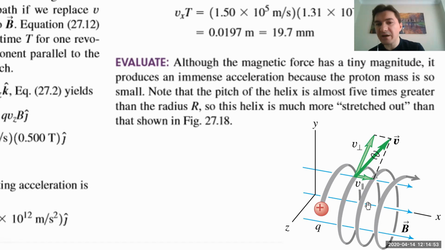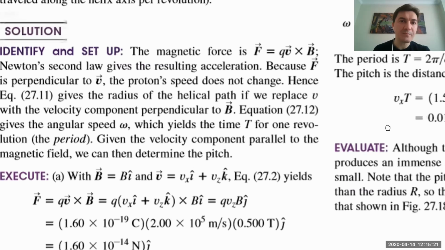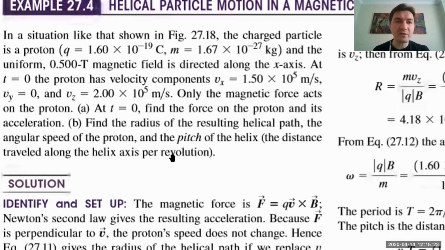Since the x velocity and magnetic field are parallel to each other, there will be no magnetic force. But since the z velocity of the proton and the magnetic field are perpendicular to each other, there will be a circular motion. Circular motion plus x velocity along that direction, we will have a helical motion. This is the question.